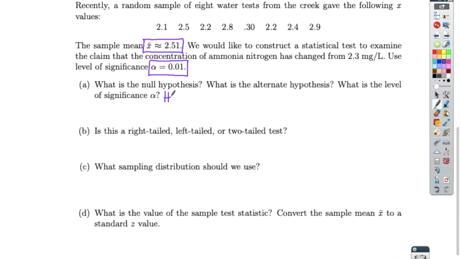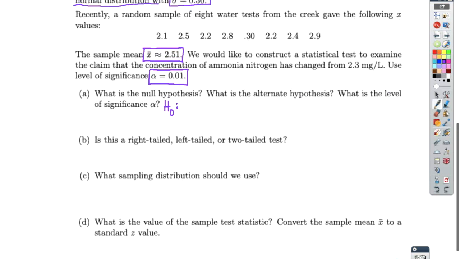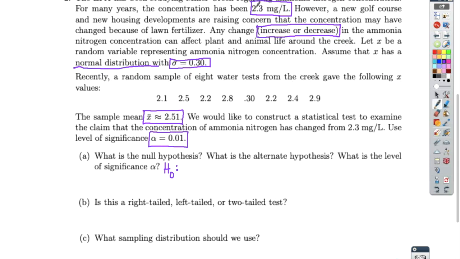The null hypothesis, H naught, is that nothing has changed. So we just take the mean that they gave us in the problem, 2.3, and say that's what it still is. Mu equals 2.3 milligrams per liter. Our alternate hypothesis, H sub 1, is that something is different.